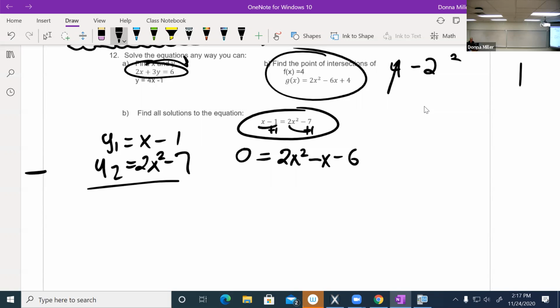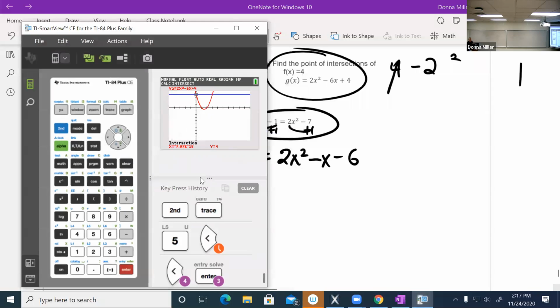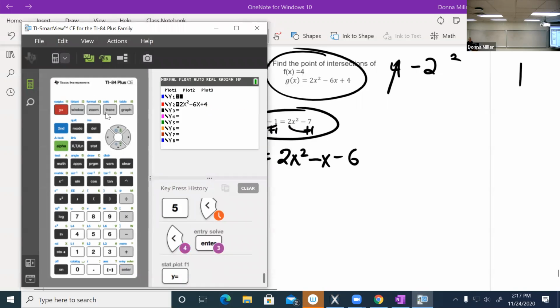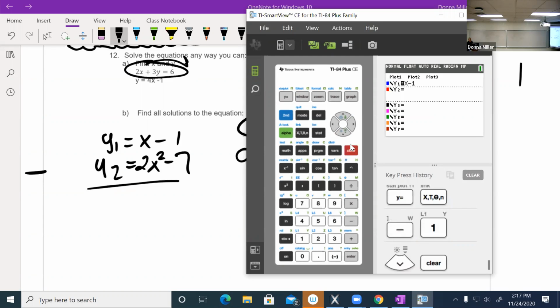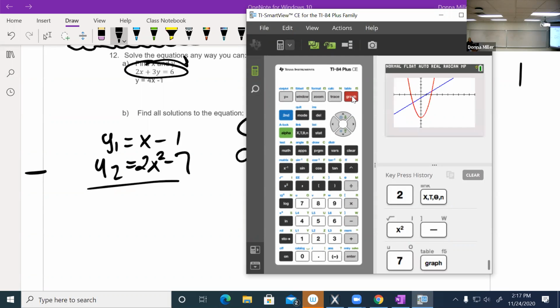So, you know, if you use the graphing calculator, let's plug it in just to show you. X minus 1, I get 2x squared minus 7.